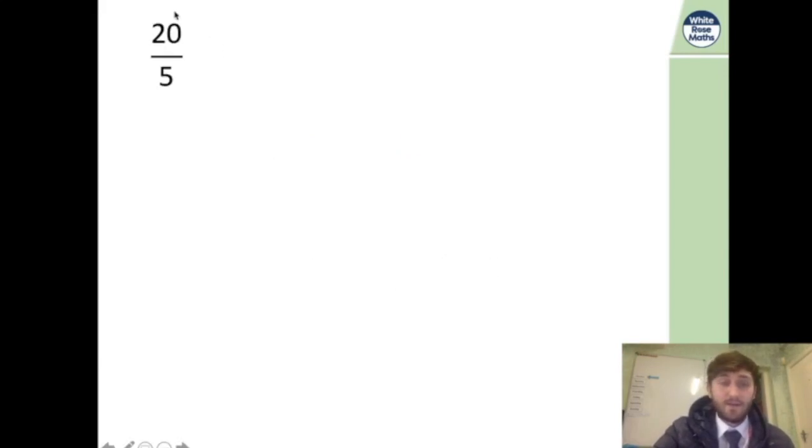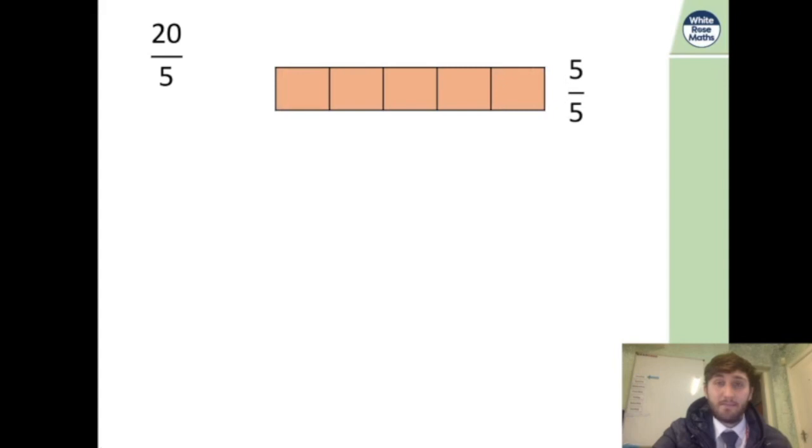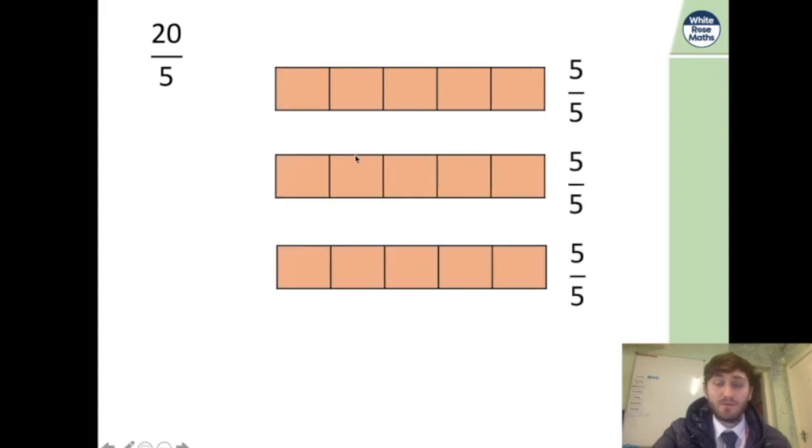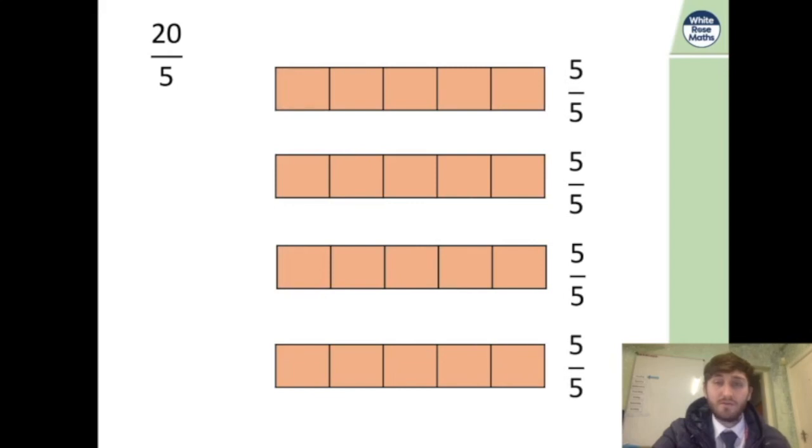So my next improper fraction, I've got 20 fifths. I'm going to show this as part of my modelling. So I've got 1 whole, 2 wholes, 3 wholes, 4 wholes. Or an easy way I could work it out: I've got fifths. How many 5s go into 20? Well, if I count my 5s, 5, 10, 15, 20, I've got 4 wholes.